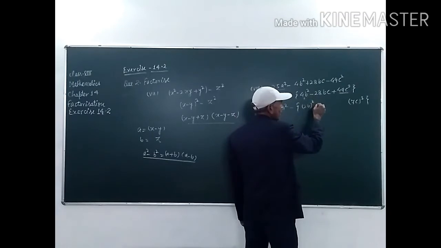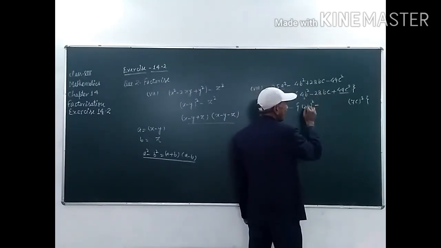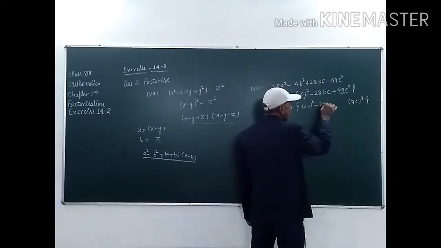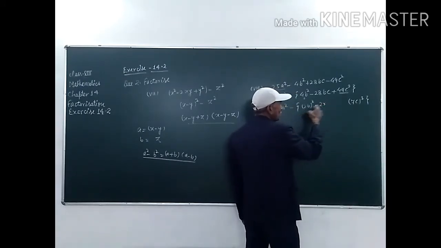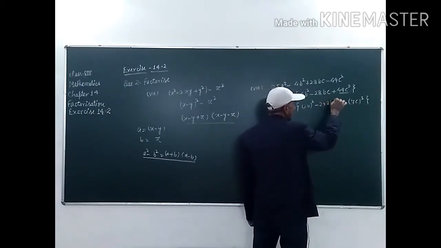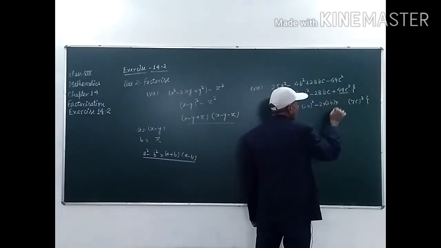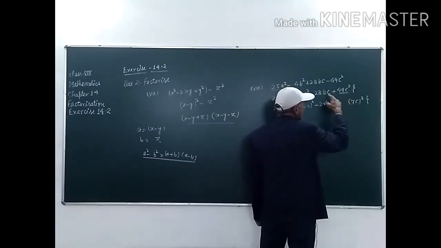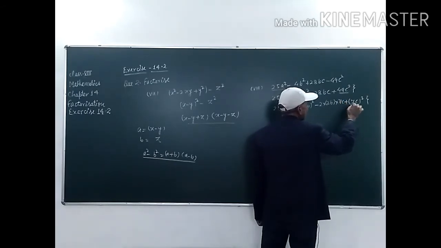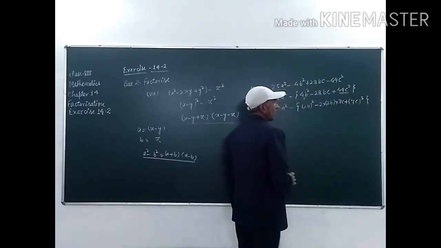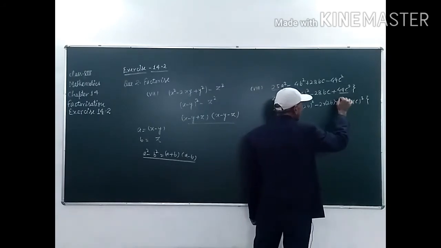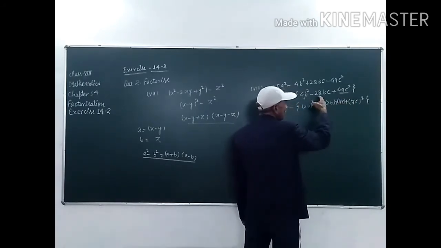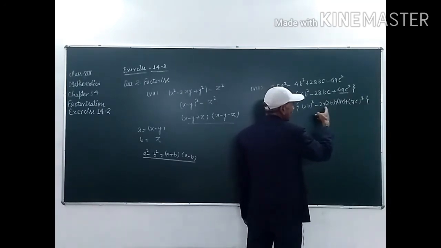Now, there is negative sign, student, and now we have to write it like this, 2 into 2b into 7c plus 7c whole square. So student, in this we have split the middle term, that is 2 into 2 into 7.